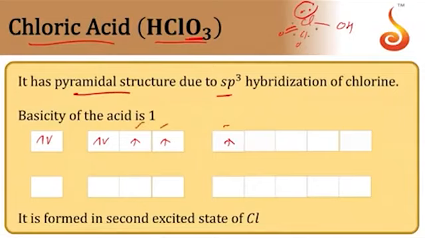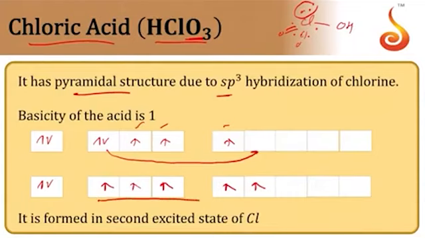We require 2 more electrons, which means 1 more electron gets excited and moves here. Finally you get 5 unpaired electrons present. It is in the second excited state. It forms HClO3.